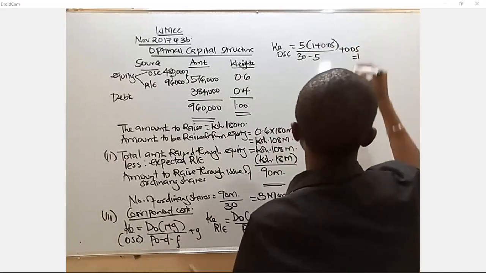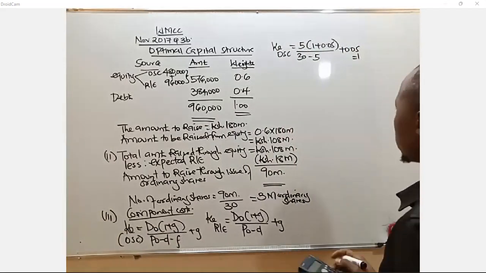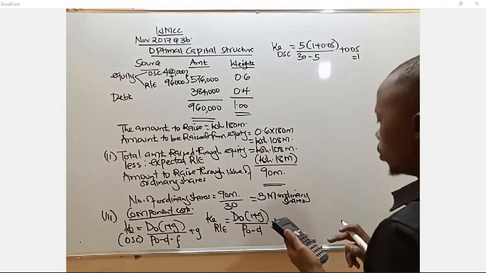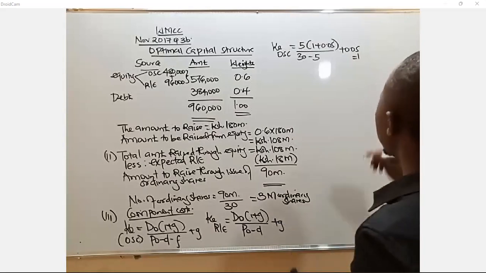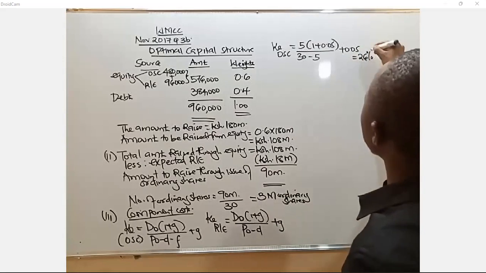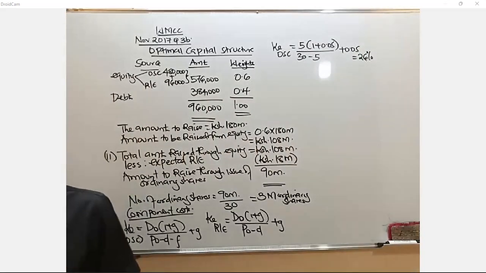So how much are we getting here? Let us do our computations. We have 1.05 times 5, you divide by 25, plus 0.05. We are getting around 26%.